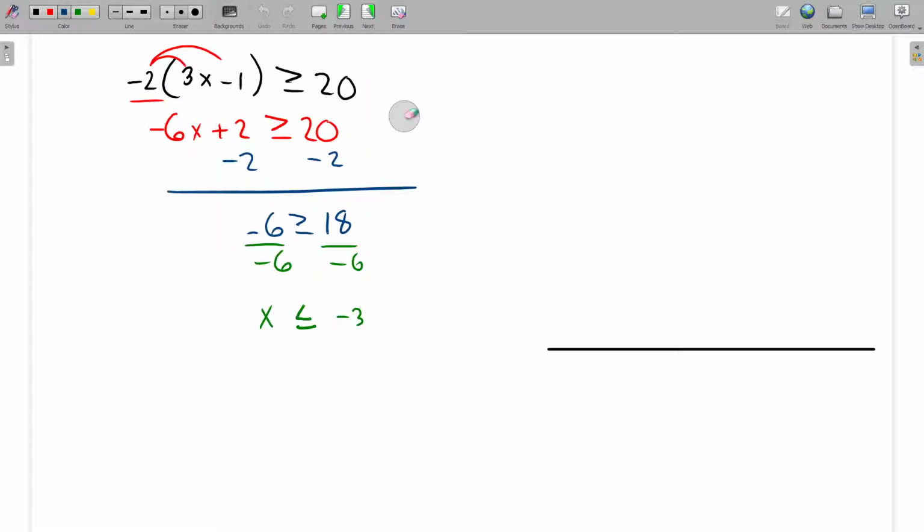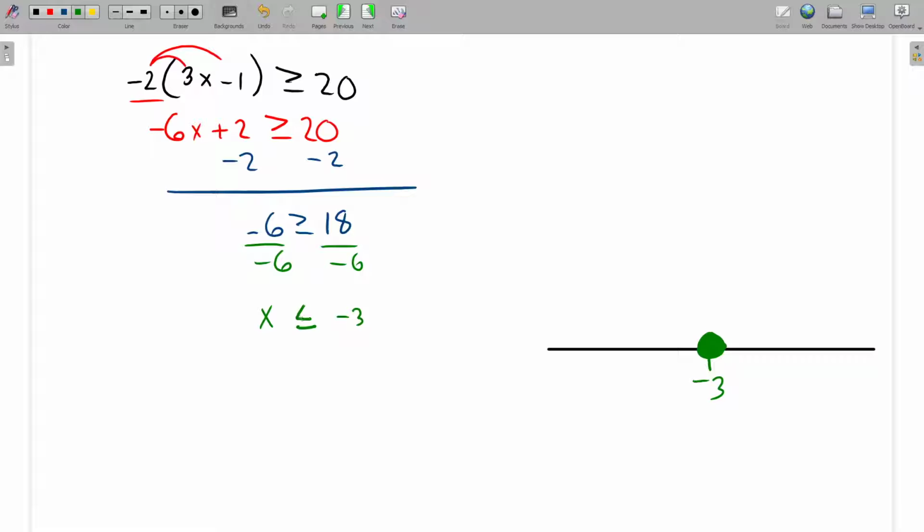In the second example we did, we got x is less than or equal to -3. So very similar, I'm going to put -3 in the center of my number line. This is less than or equal to, so I'm going to put a nice big closed circle so that there's no question about what type of point it is.